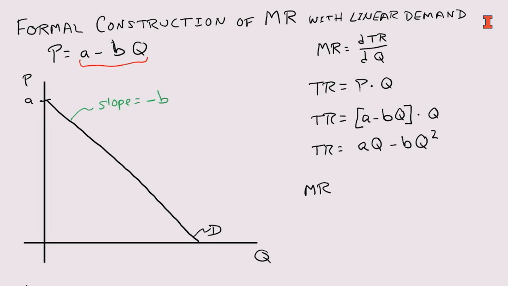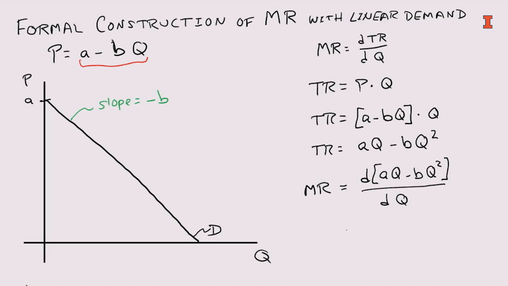Marginal revenue would be equal to the derivative of total revenue, which is the derivative of AQ minus BQ squared, with respect to output. Again, for those of you who know calculus, that's very straightforward.